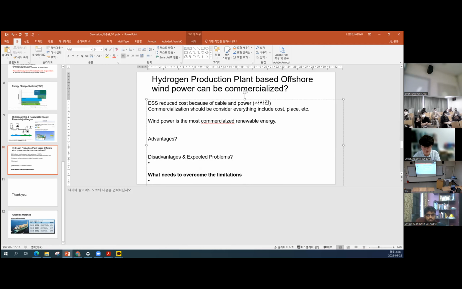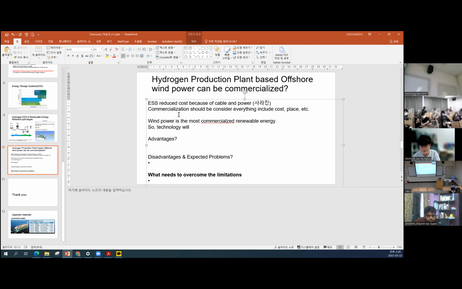I was not saying that it is the most commercialized, but just that offshore the wind is stronger and also more consistent.